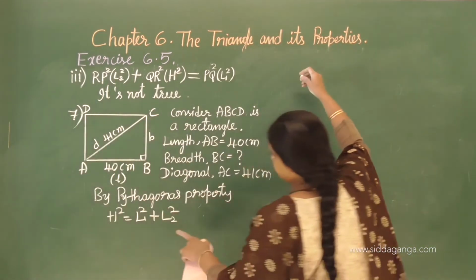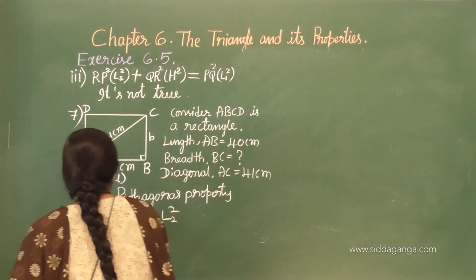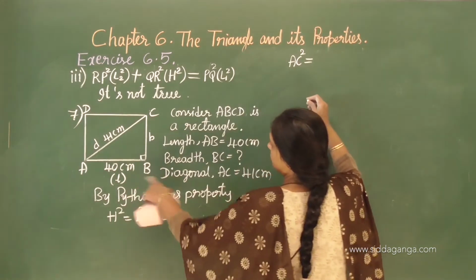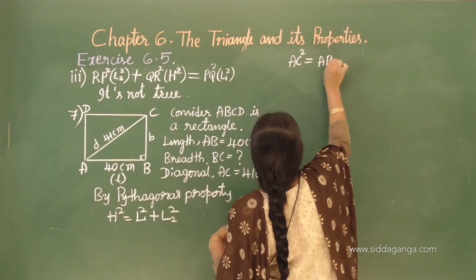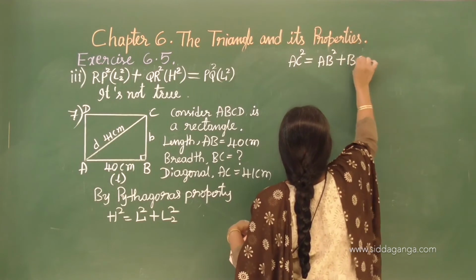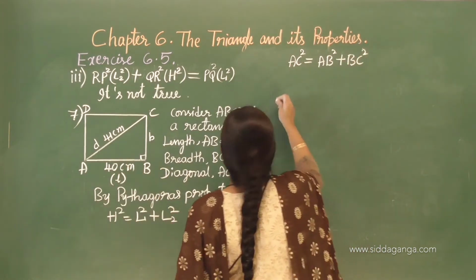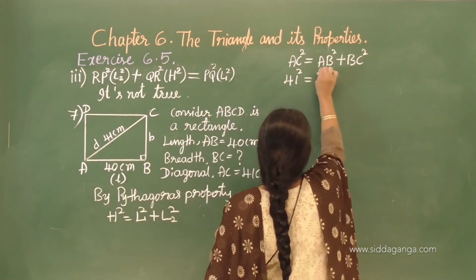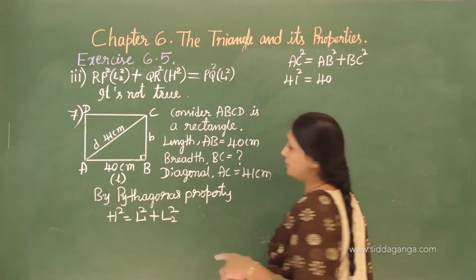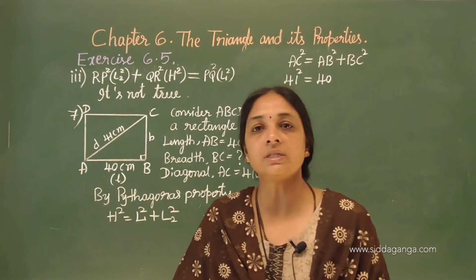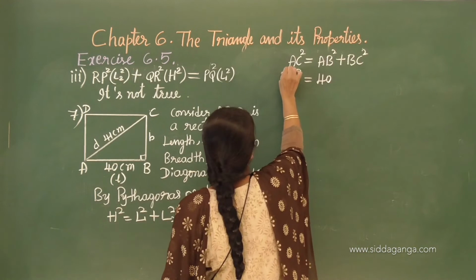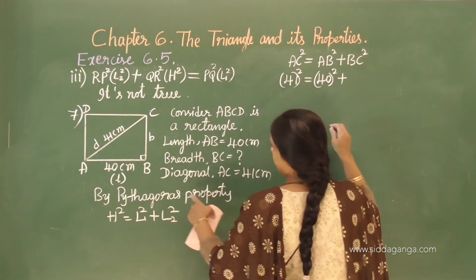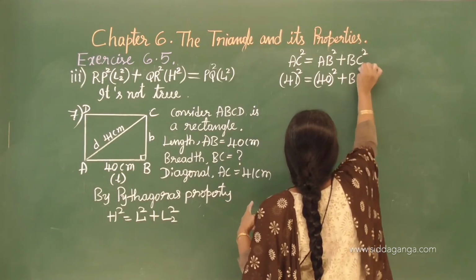Okay, then hypotenuse is AC square. AC square is equal to L1, AB square, plus BC square. What is AC? It's 41 centimeter, equal to AB, 40 centimeter. If the number is of 2 digits, then we can put it into bracket like this: 41 square, 40 square plus BC square, which we have to find.